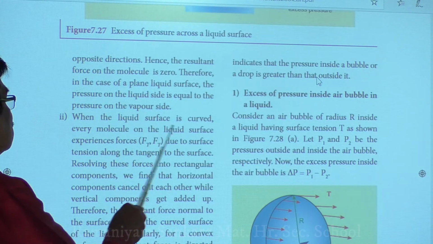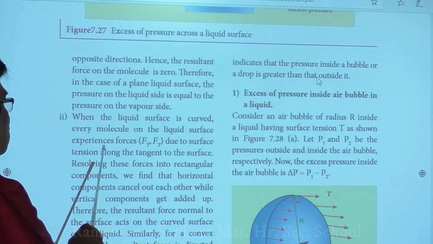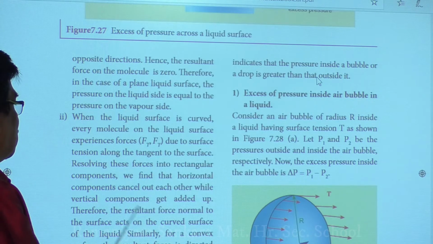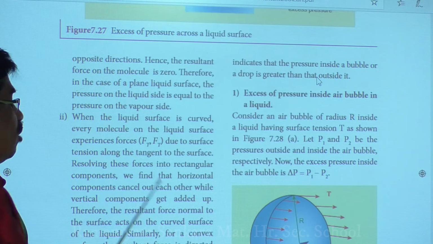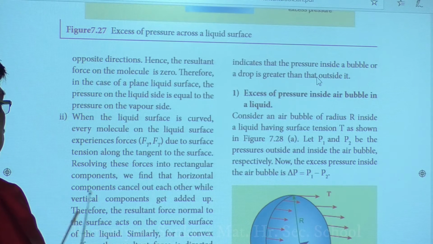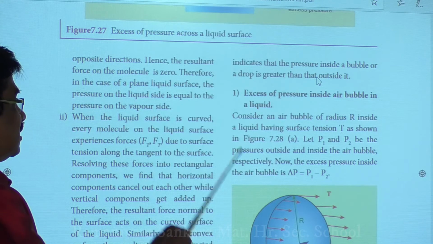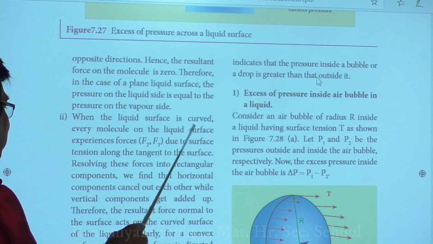When the liquid surface is curved, every molecule on the liquid surface experiences a force Ft due to surface tension along the tangent to the surface. Resolving these into rectangular components, we find that the horizontal components cancel each other while the vertical components add up.